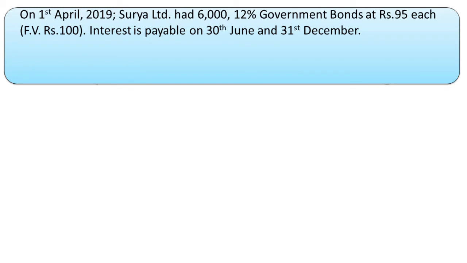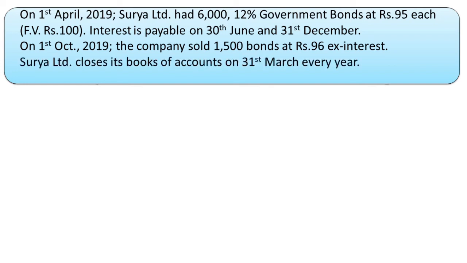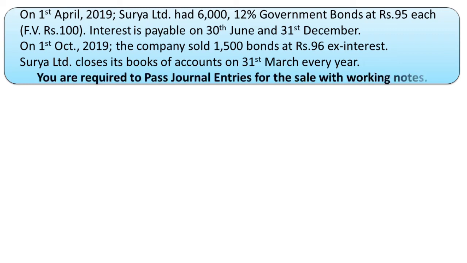Interest is payable on 30th June and 31st December. On 1st October 2019, the company sold 1,500 bonds at rupees 96 ex interest. Surya Limited closes its books of accounts on 31st March every year. You are required to pass journal entries for the sale with working note.